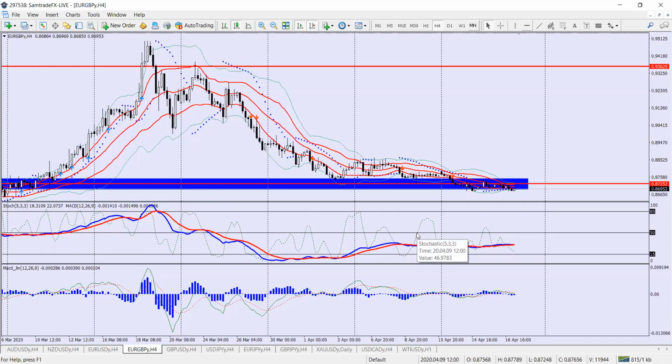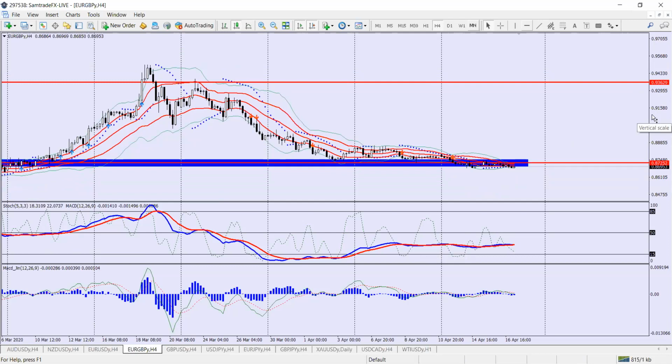But this is going to be an interesting pair, not right now, but in the medium to longer term future, because if it does break out of this level, we could see it move quite significantly. So forget it for now, but keep watch.